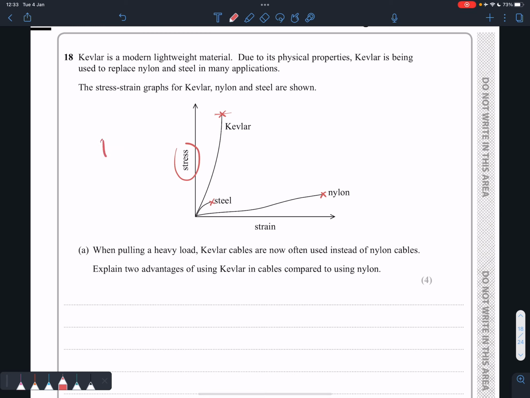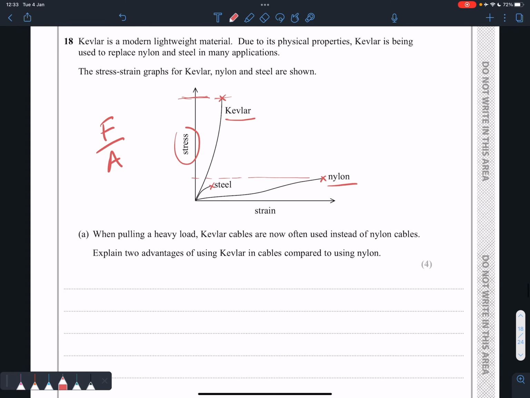Stress is related to the force, isn't it? So the force over area. Assuming the cross-sectional area of a Kevlar cable and a nylon cable are the same, the only difference is that if it can get to a higher force before it breaks, then it can withstand a higher tension than nylon, which is going to break around about there. Explain 2 advantages of using Kevlar cables compared to using nylon. So you should be able to work that out.